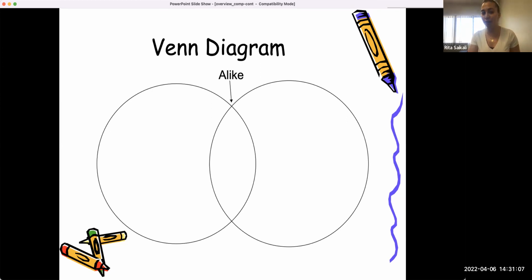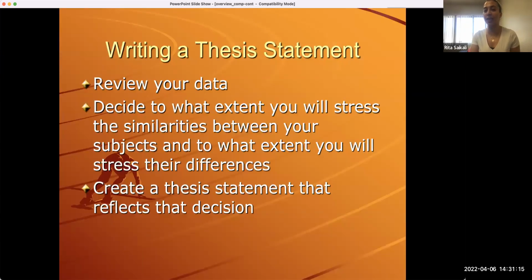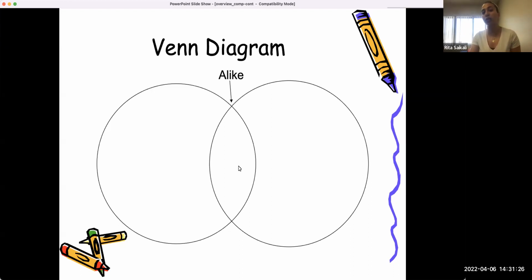So when you have the Venn diagram, for example, and you want to fill it in with information, well, you want to look at the question and then come up with a thesis and look at the data that you already have before you formulate that thesis. So by looking at the data, we're looking at what you actually wrote within your Venn diagram.